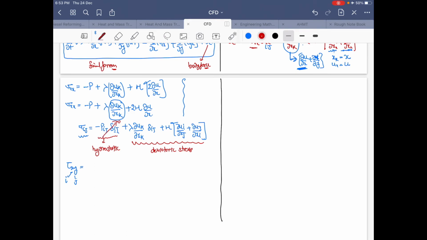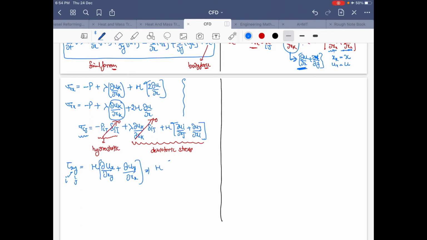This term will go to 0. Similarly, this term goes to 0, and I will be left with only mu times del u_x by del x_y plus del u_y by del x.